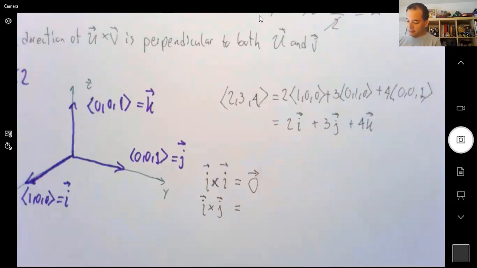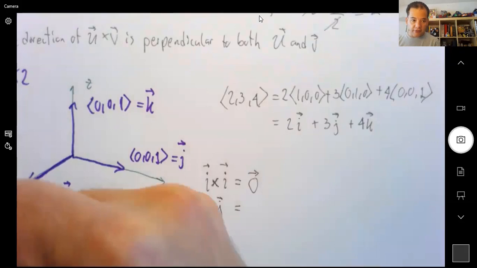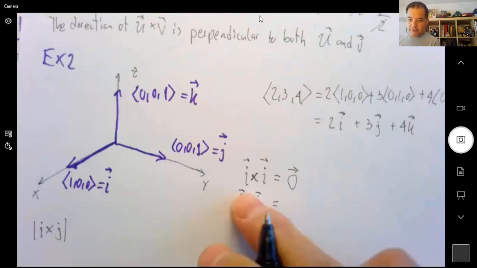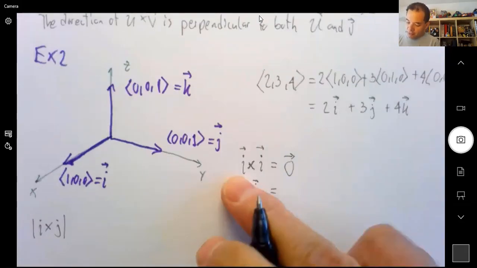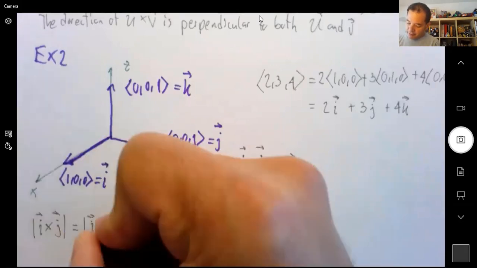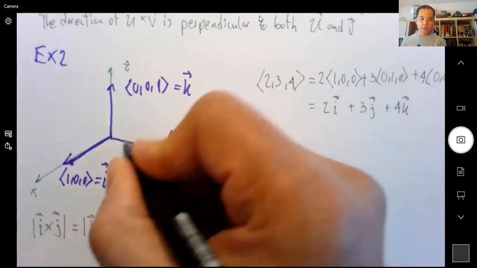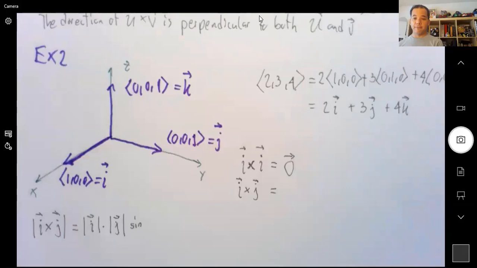And what is its magnitude? So let's do the little work here. What would be the magnitude of i cross j? Well, according to what we learned, it is the magnitude of i times the magnitude of j times the sine of the angle between i and j. What is the angle between i and j? 90 degrees, right?